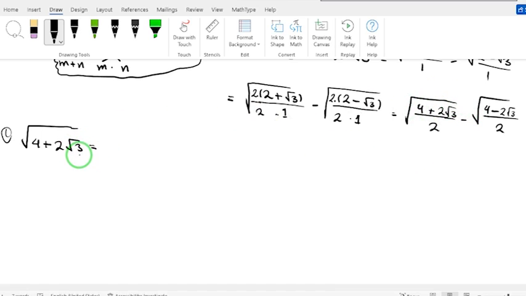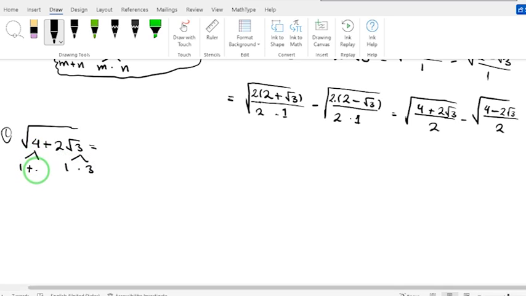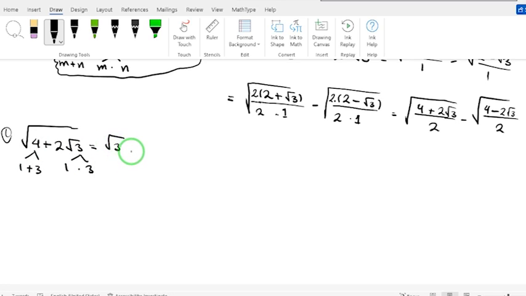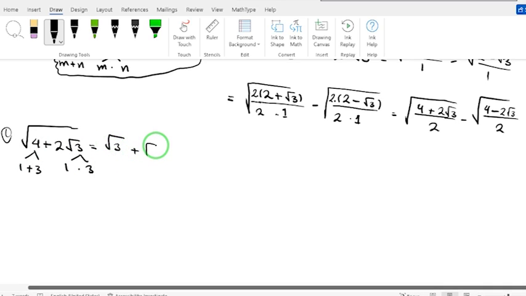Here we can find two numbers that multiply to give 3 and add to give 4. The proper and perfect numbers are 1 and 3. 1 multiplied by 3 gives us 3, and 1 plus 3 gives us 4. So here we can write square root of 3 plus square root of 1.